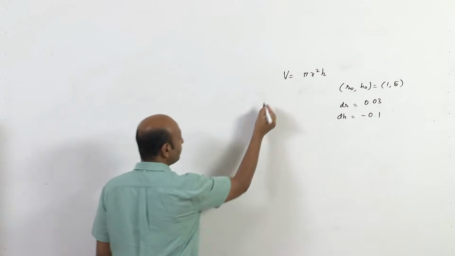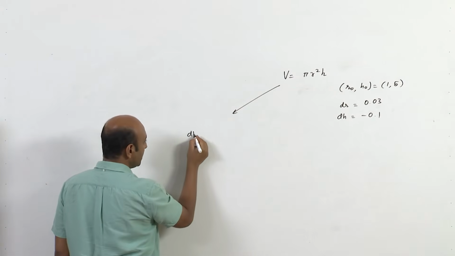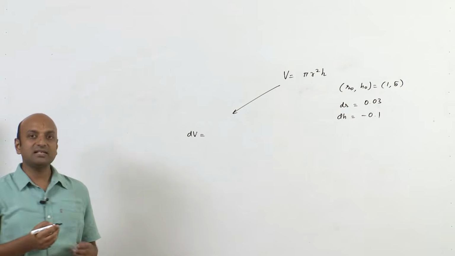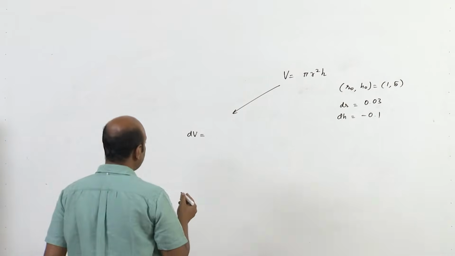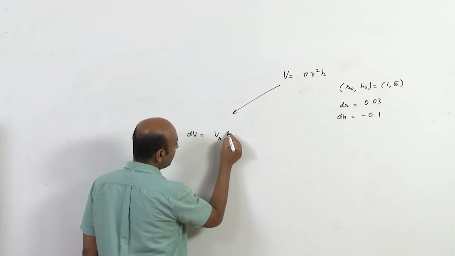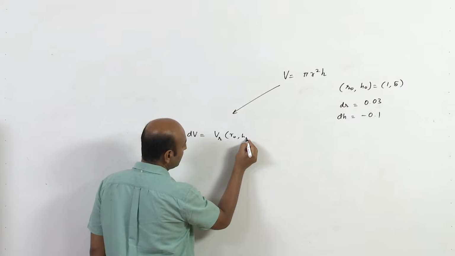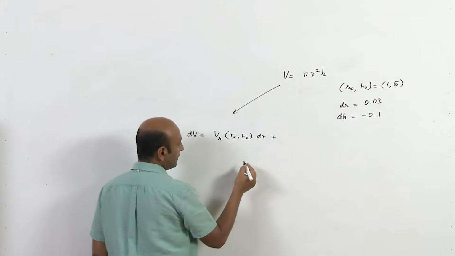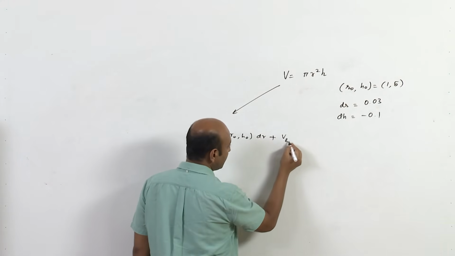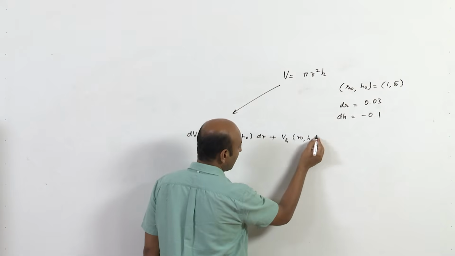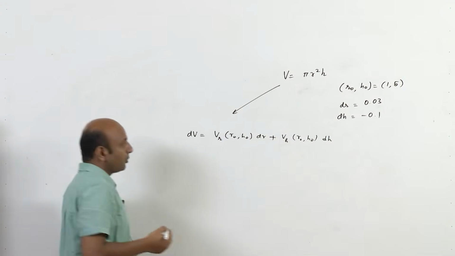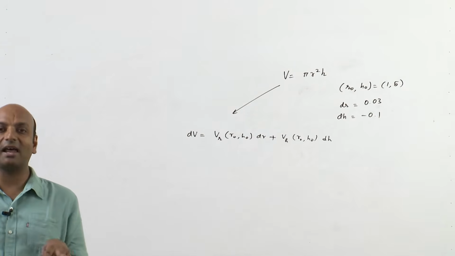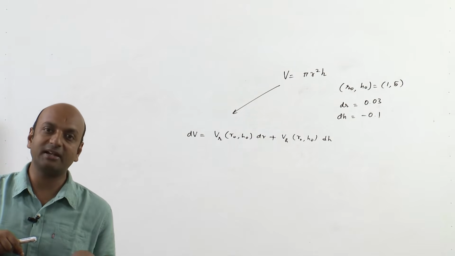How can you find that? First, we find dV. Here V is a function of r and h. Instead of x and y, we are having r and h. So, dV will be Vr at (r naught, h naught) into dr, plus Vh at (r naught, h naught) into dh, because here instead of x and y we are having r and h as independent variables.